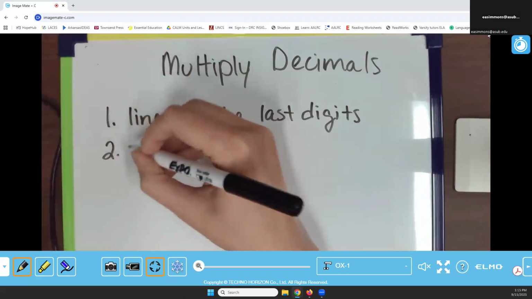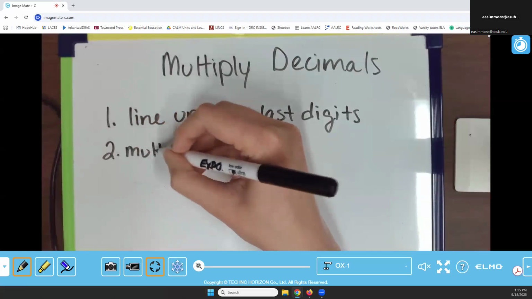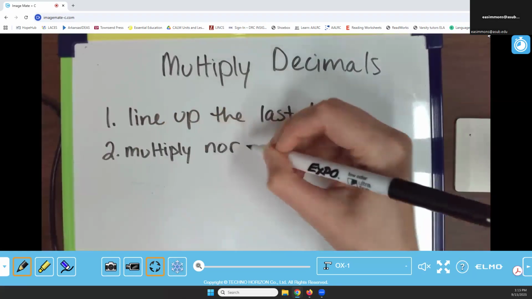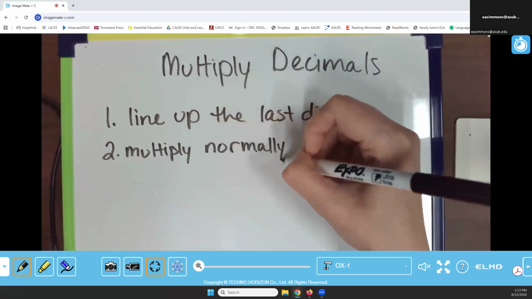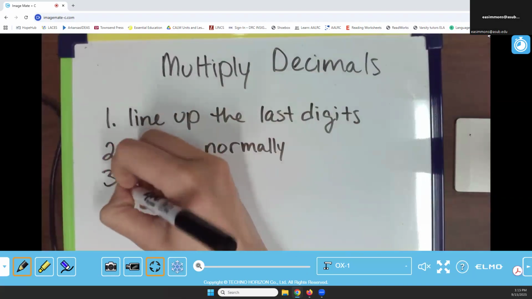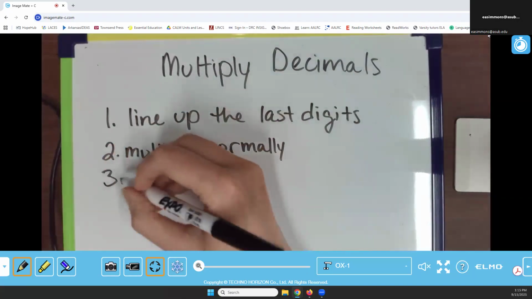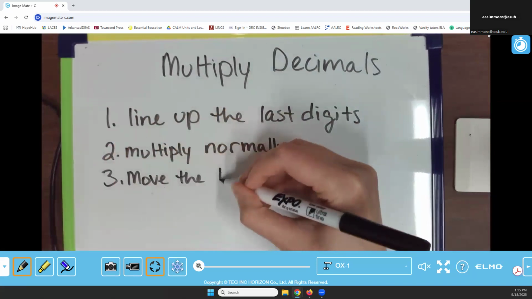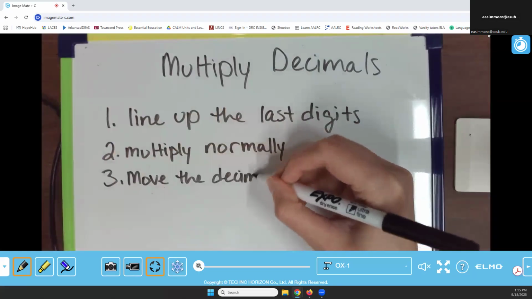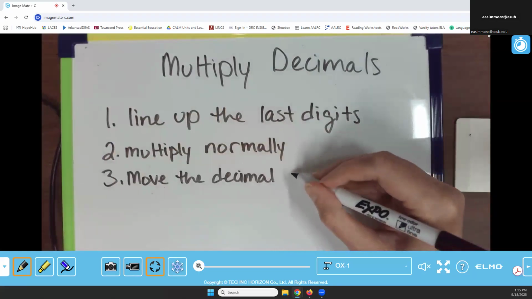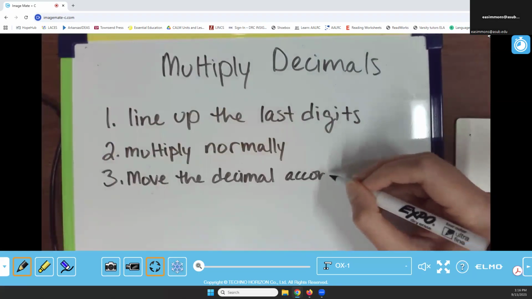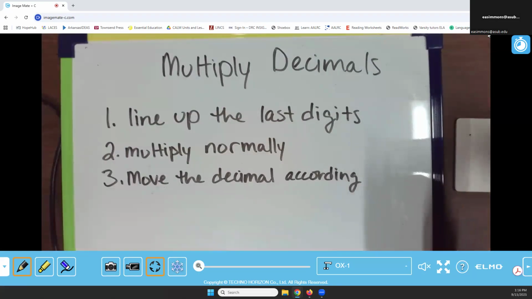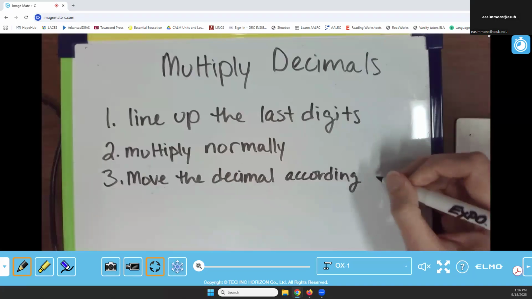Then we'll multiply normally, like there isn't a decimal. After we've done that, we will move the decimal according to how many digits were after the decimal in our original problem.